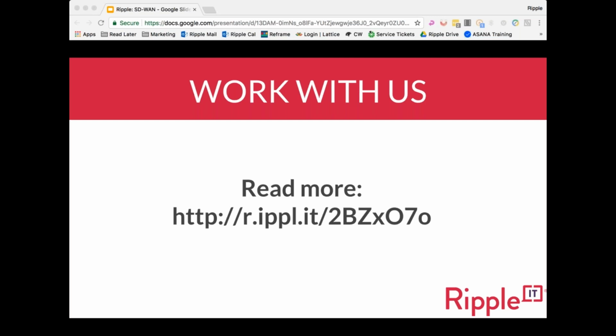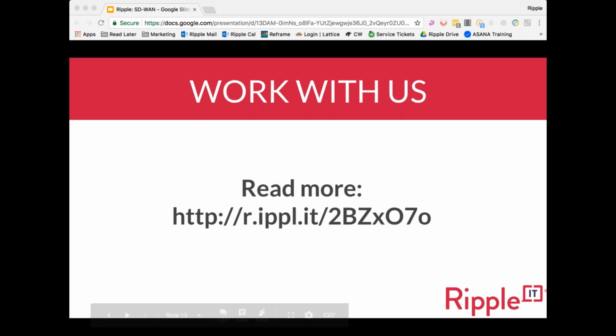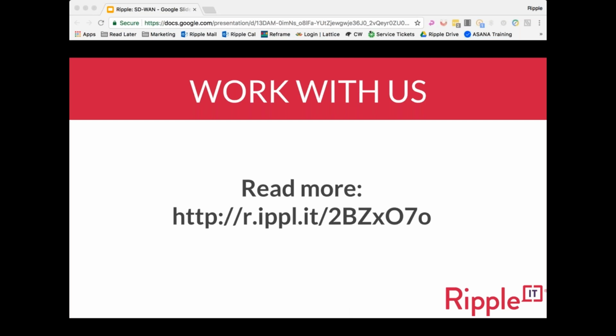Jayesh, any closing thoughts before we call it? Not really. I think we touched on a couple of different models there in terms of public cloud, hybrid, or local. I guess the biggest take home point is that it is extremely flexible.